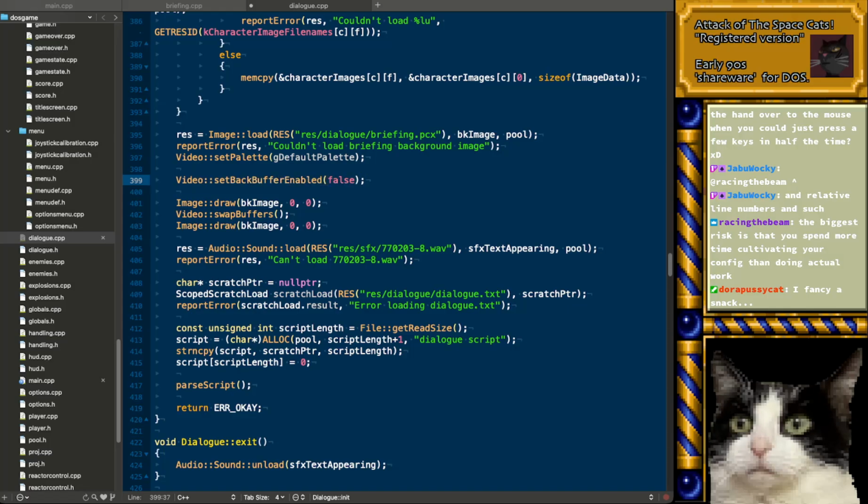Actually, you can draw a full screen image. You're probably going to want to leave it on.